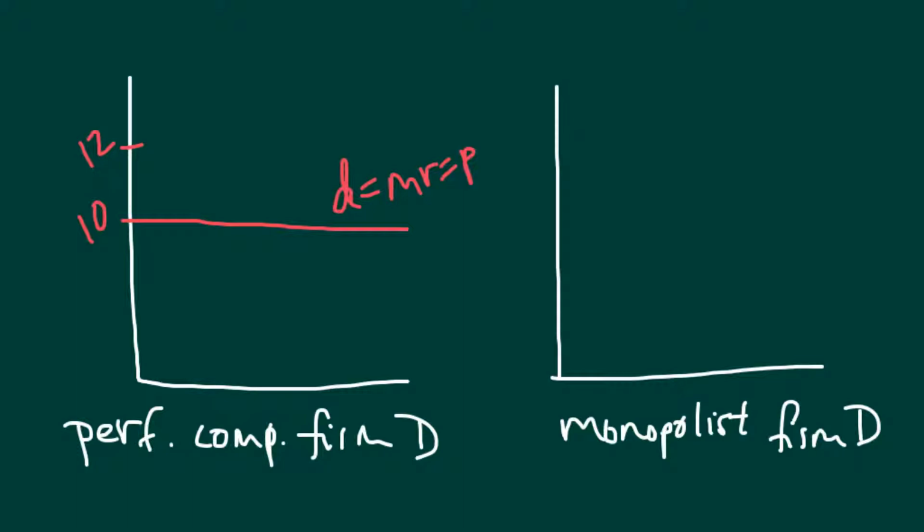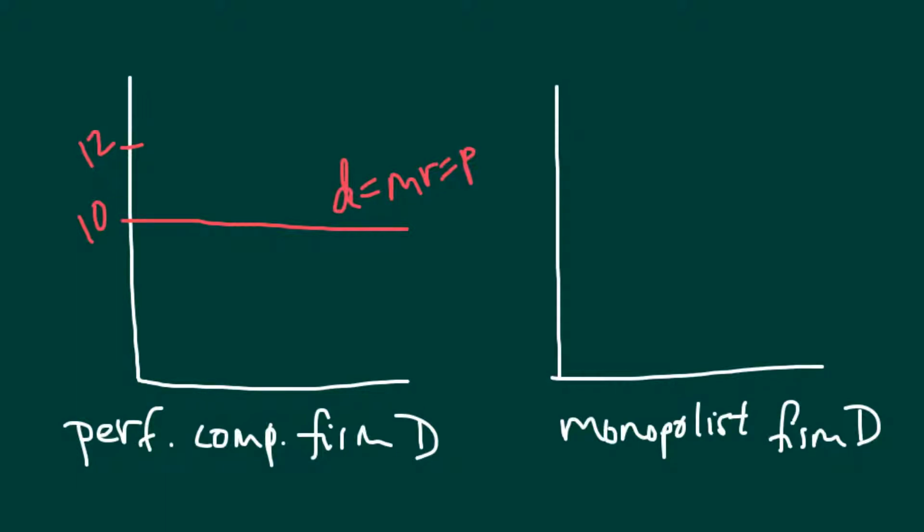Well, from the market's point of view, the consumers in the market can buy as much as they want at $10. That was the market demand and supply. Why would you want to go and pay $12 for something that you perceive as being identical? Remember, that was a key characteristic of perfect competitors, their product seems identical. So the point is that a perfectly competitive firm would sell zero if they raise their price like that.